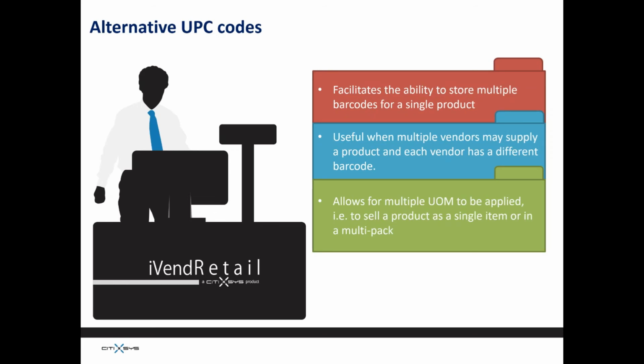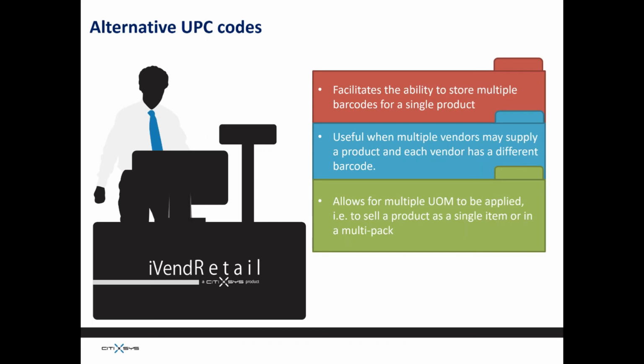Similarly, you have UPC codes. What UPC codes allow is that sometimes your vendors will use their own individual UPC or barcodes for the products, or in our example, you also have the ability to sell products by different units of measure.